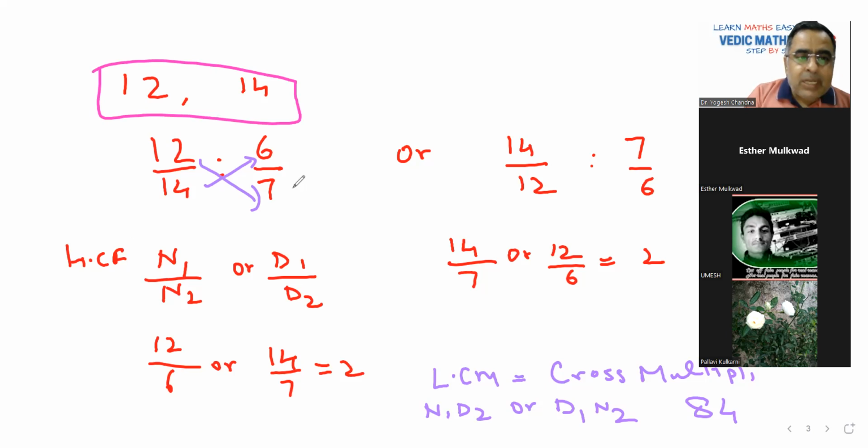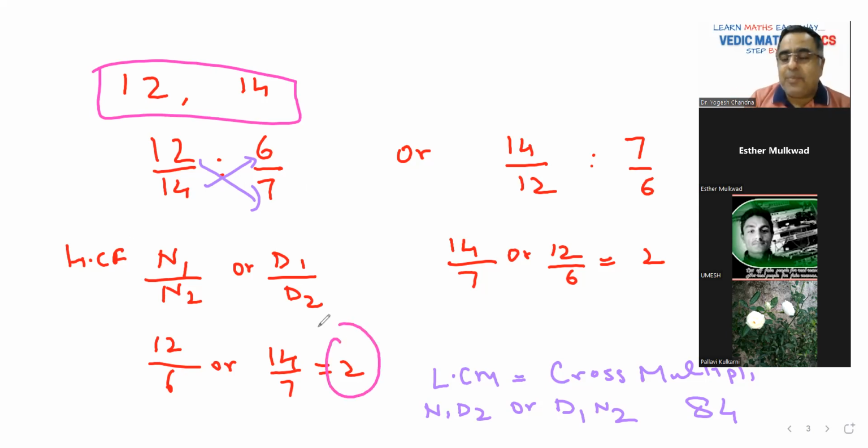So the HCF is N1 by N2, either N1 by N2 or D1 by D2, that is either 12 by 6 or 14 by 7, so it is 2.